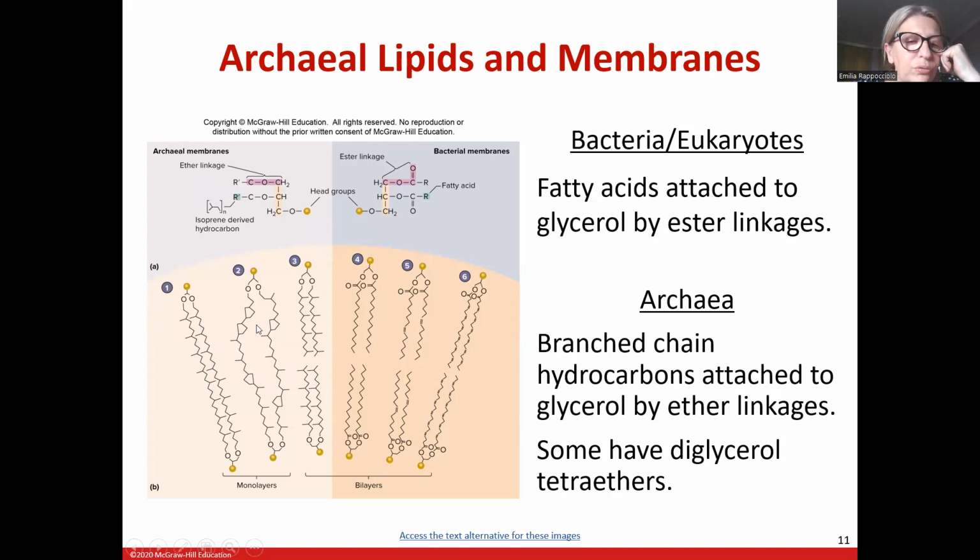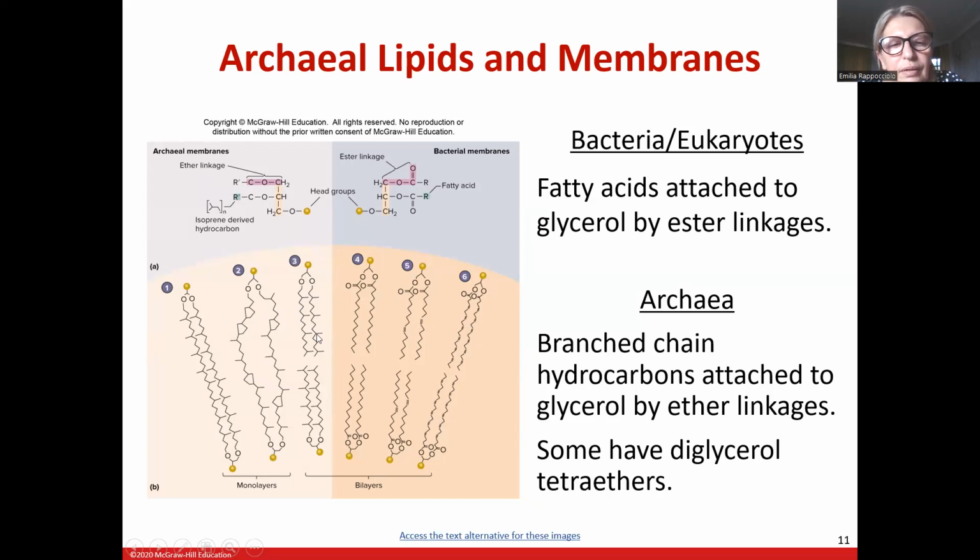Now, if you compare two different types of monolayer, like this one that has a straight molecule and this one that has the rings that kind of stretch and make the molecule wider, this one, number 2, is less rigid compared to number 1. But both of them, 1 and 2, are much more rigid than 3, 4, 5, and 6.